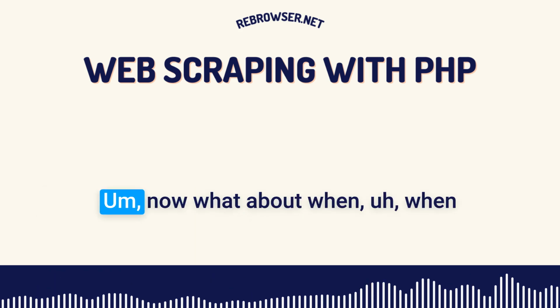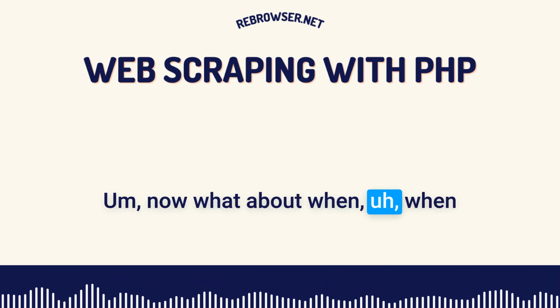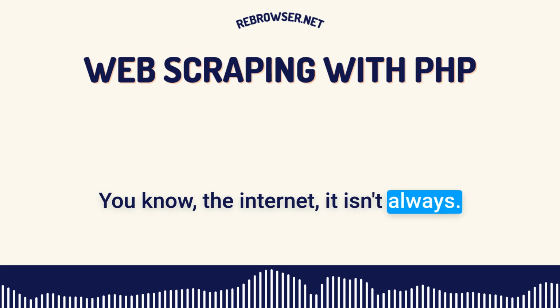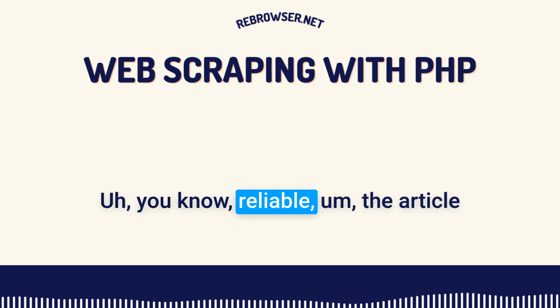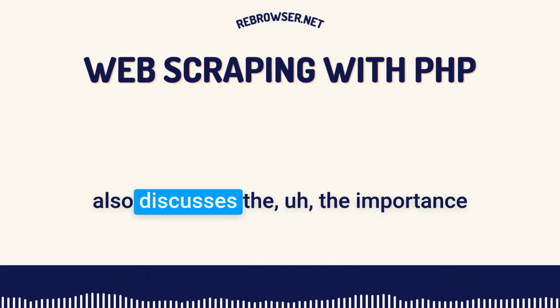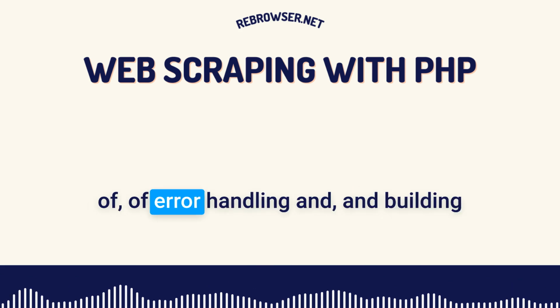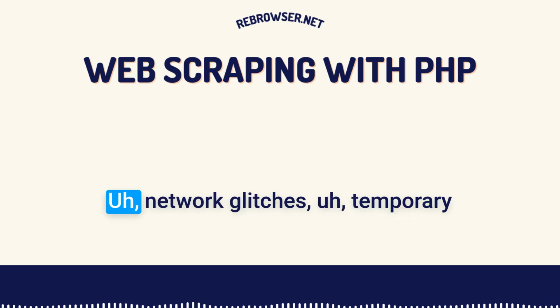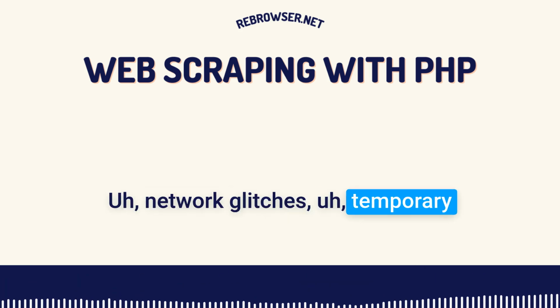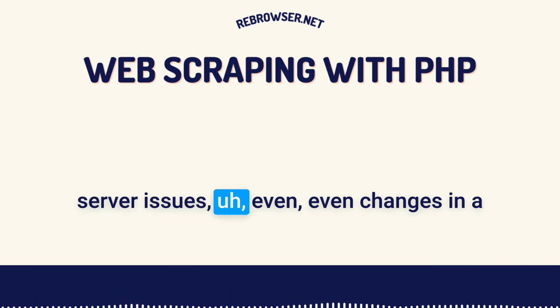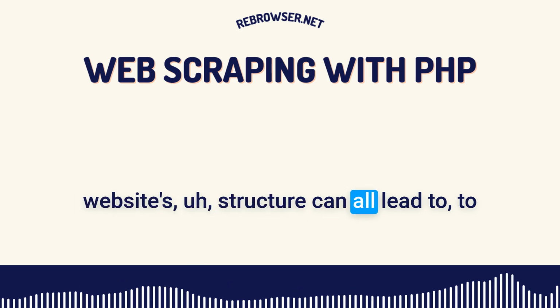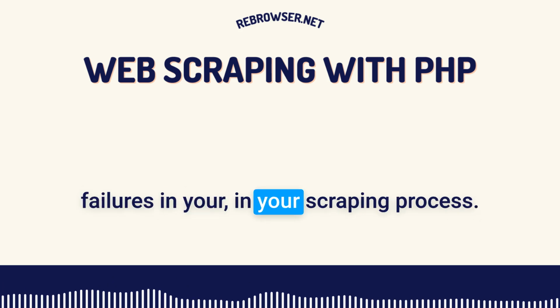Now, what about when things don't go according to plan? The internet isn't always reliable. The article also discusses the importance of error handling and building resilience into your scrapers. Network glitches, temporary server issues, even changes in a website's structure can all lead to failures in your scraping process.